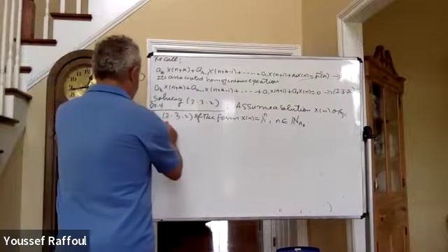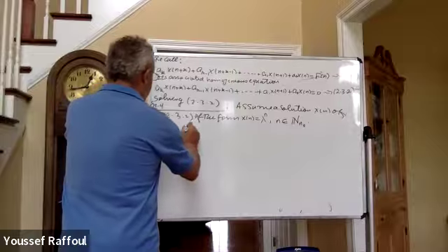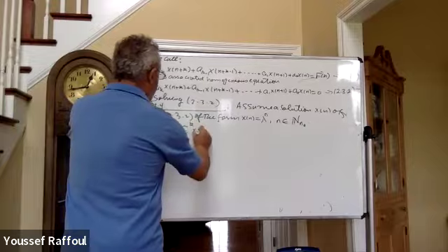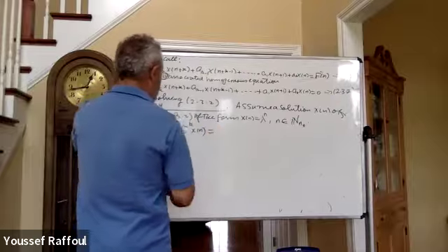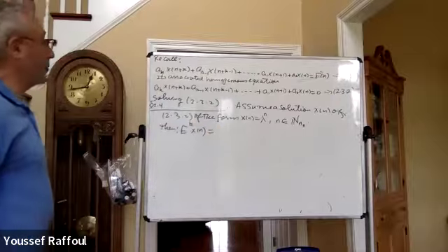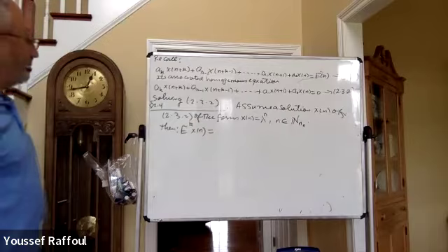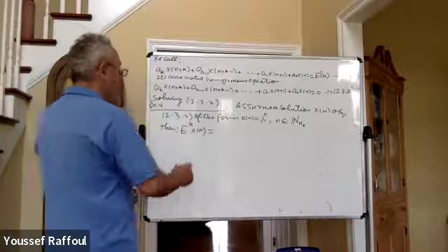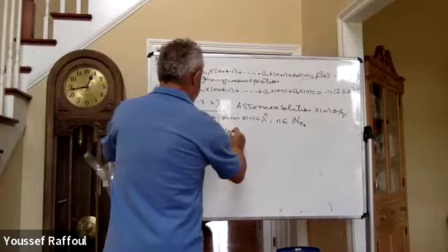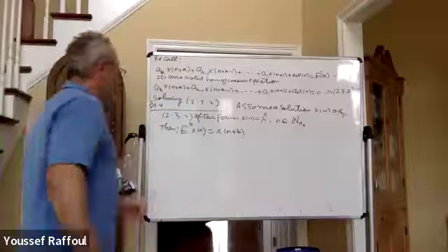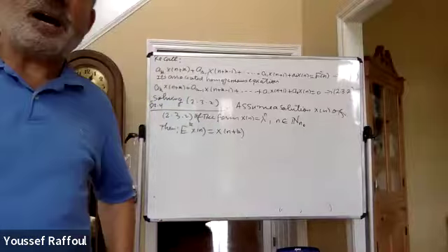Then E to the k of xn, you remember what that is. That is x(n plus k), isn't it? Because you apply it k times.